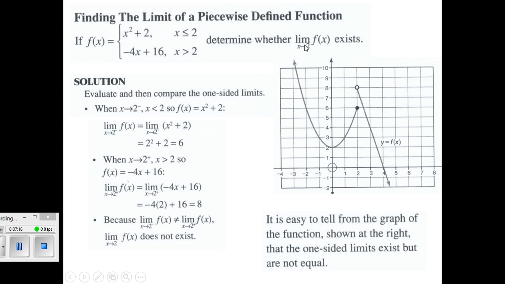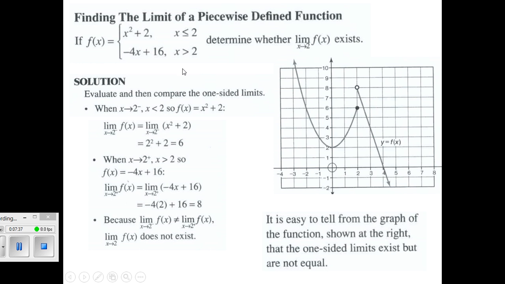If we want to look at the limit as x approaches 2, we have to first look at the left side. The left side is for values less than 2. That means evaluate, substitute the value of 2 into the top portion. That's the left-hand limit, and that is easy enough to do, which of course gives us 6.